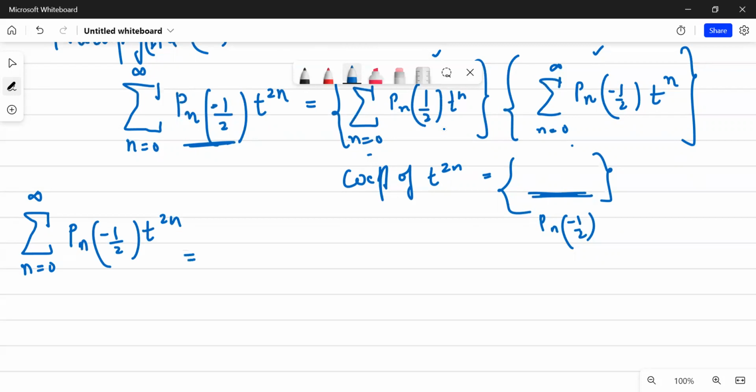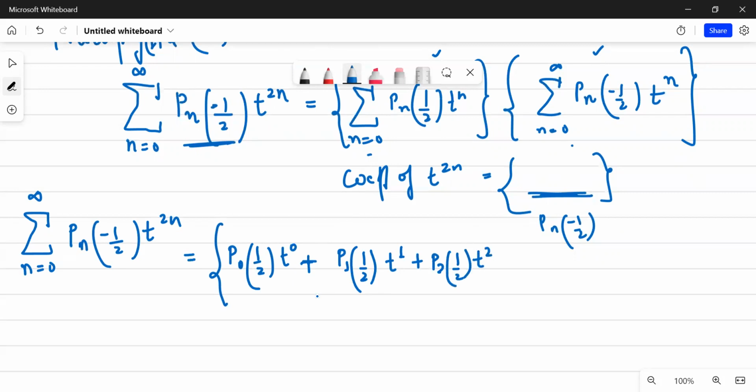और इधर से सोचते हैं क्या क्या टर्म्स आ सकते हैं, तो मैं यहाँ से क्या क्या टर्म्स देख रहा हूँ. तो पहले मैं n equal to 0 रखता हूँ, तो क्या आएगा? P0 half t की पावर 0, and then n equal to 1 आएगा, तो P1 t की पावर 1. फिर n equal to 2 रखो, तो कितना आएगा? P2 t स्क्वायर.